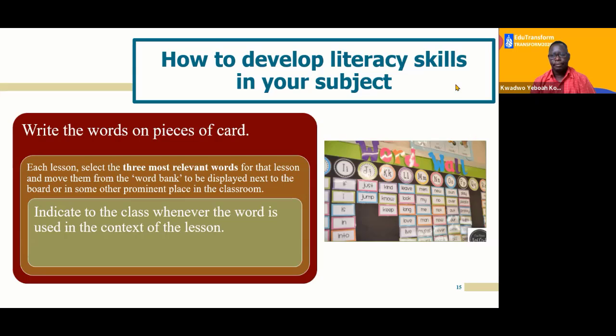Okay. And the technique here is that anytime you use the word in context, pause and bring the class attention to it. Right? So the first time you pause and bring the attention to it, and explore the meaning of that word. Okay, the mean. Anytime you use the word mean, if you want to calculate the mean, do this, that.